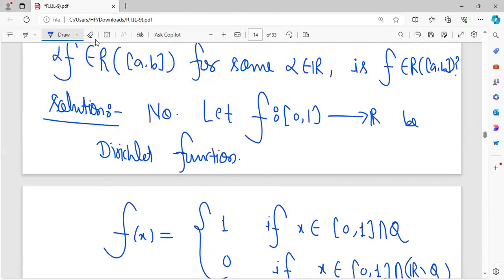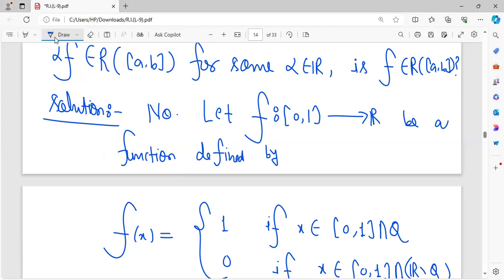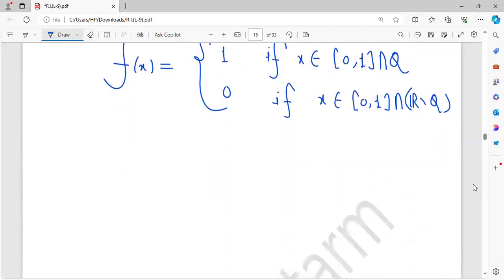Okay. So I am writing this function. Do not write here Dirichlet function. You directly write, let f be a function defined by this. So this function is not Riemann integrable. That is why it does not belong to R[0,1].